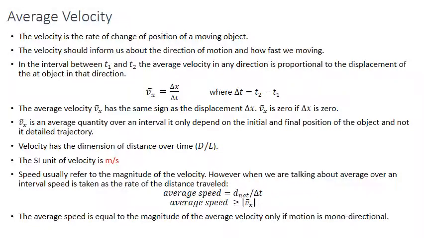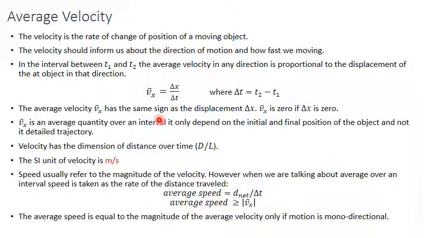This bar indicates that we're talking about an average. So it is the displacement over the time it took to do this displacement. So delta t is t2 minus t1. So the average velocity Vx has the same sign as the displacement, since delta t is always positive. So Vx also tells us about the direction of the displacement.